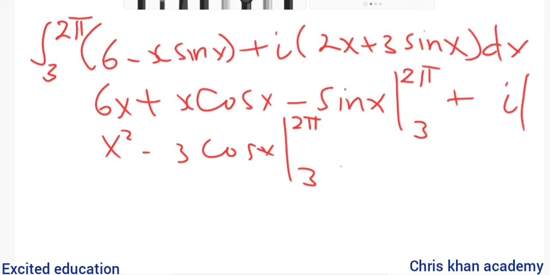So this will be equal to 6 times 2 pi, that is 12 pi, plus 2 pi minus 18, then minus 3 cos 3 plus sin 3.